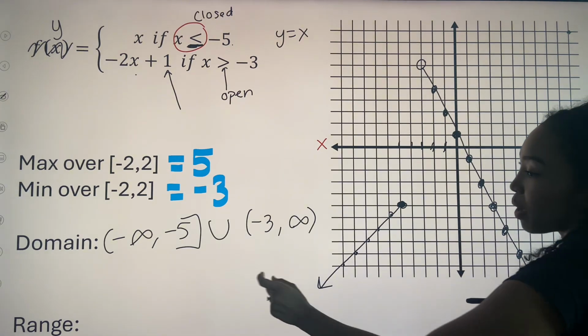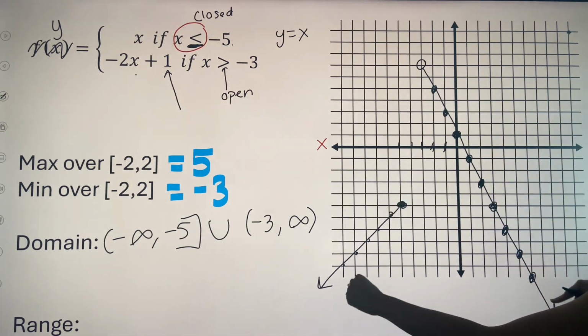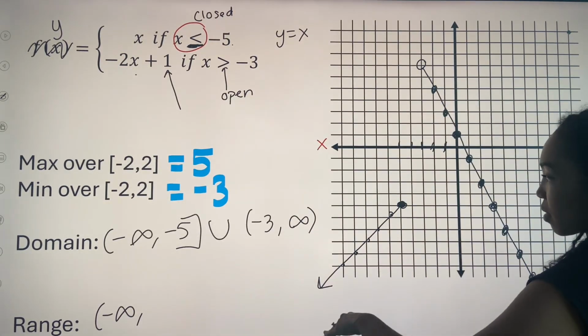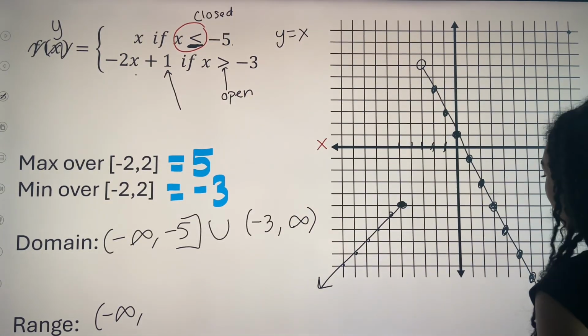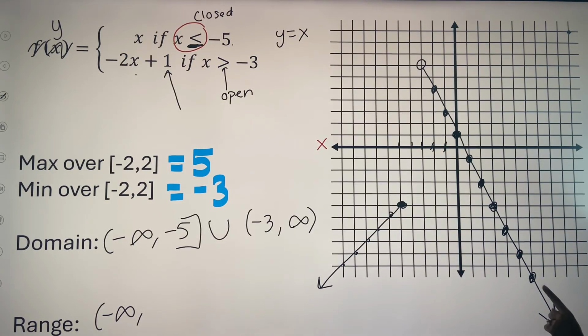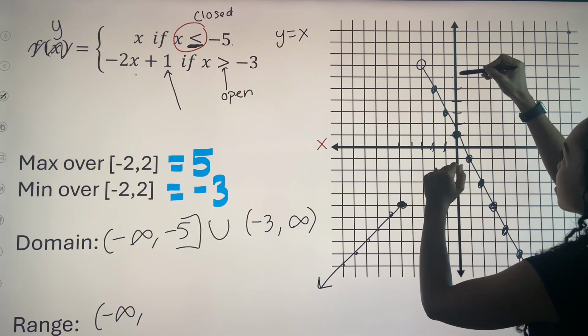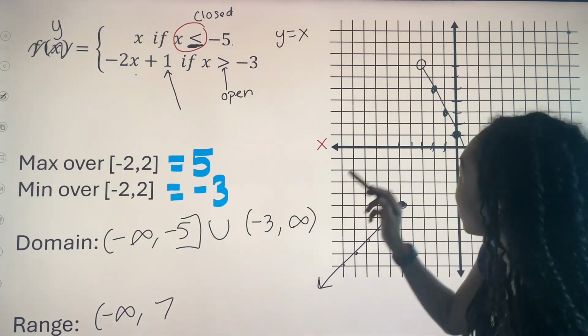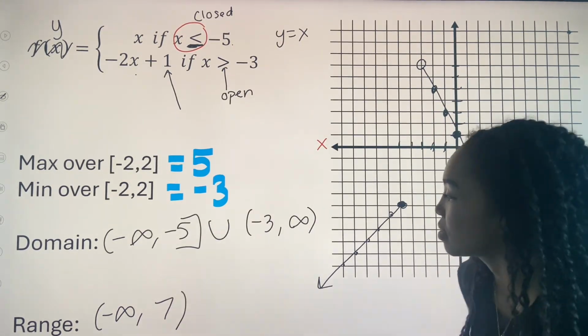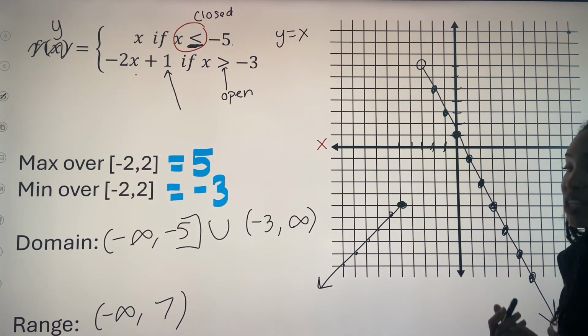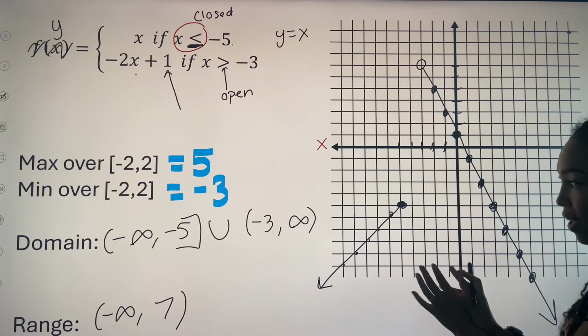Okay, now let's talk about the range. This is pointing down, so it's going from negative infinity, you start at the bottom, and then you go up. So if you follow this line, it goes all the way up to 1, 2, 3, 4, 5, 6, 7. And that's an open circle, so it will be a parenthesis, okay? Now remember, the definition of range is all of the possible y values.